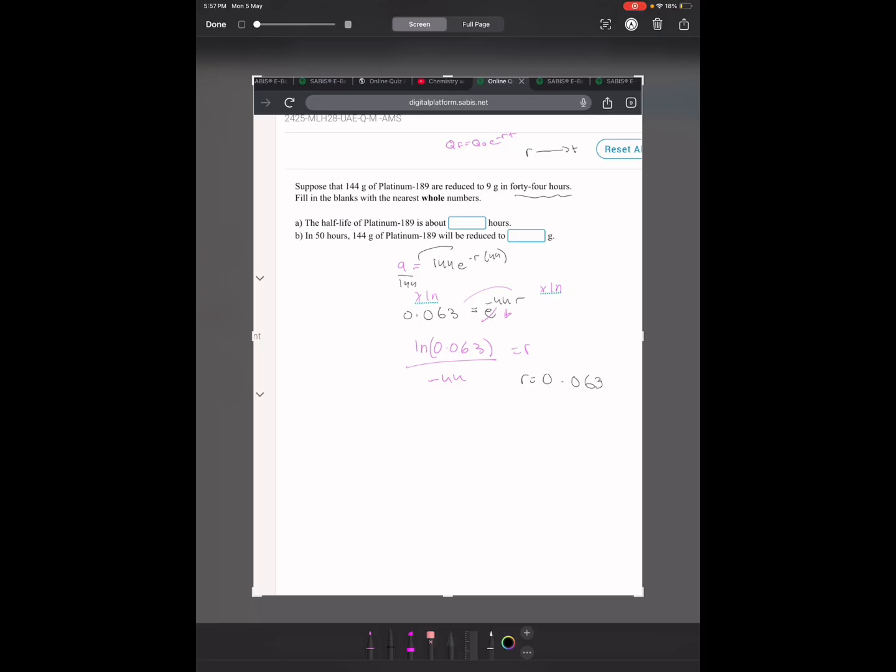Okay, now that you found the r, we're gonna find t. So the reason why we didn't do the thing that I told you about, substituting 1 over 2 and 1, is because, remember, you have to find the rate, and then you have to find the time.